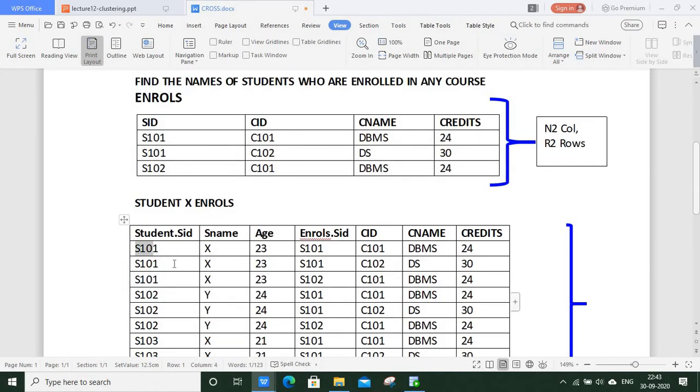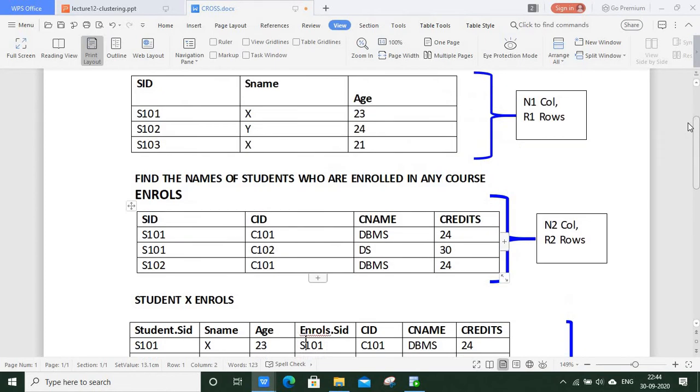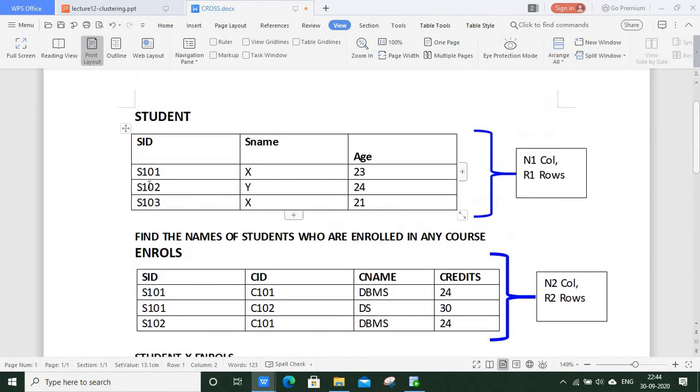The first row from the first table is paired with all the rows present in the second table. These are the rows from the second table. So a single row is repeated for all the rows present in the second table, and this process is repeated for all the rows in the first table.